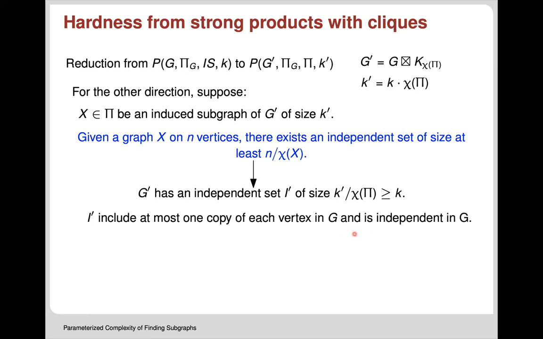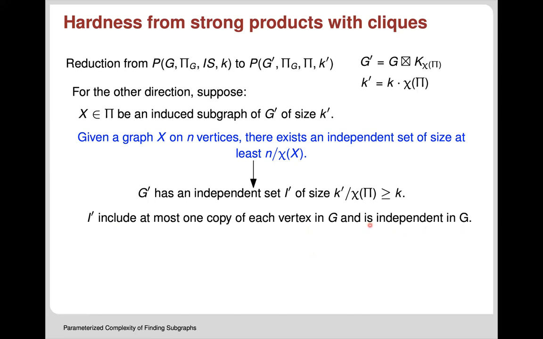And then, if I look at the corresponding set in G, we can see that it is also independent in G. Why? Because if there was an edge between two vertices in G, that would also be reflected in G prime.